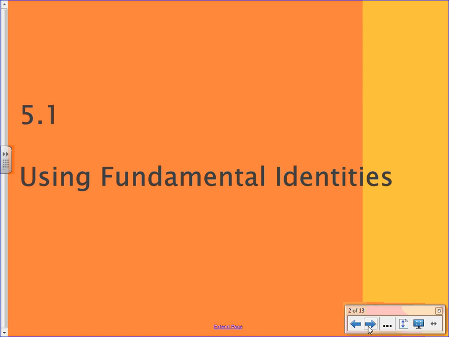I'm going to tell you up front, it's going to feel a little bit like solving a puzzle. I'm going to teach you these identities today, and how we can work with them. Starting tomorrow, we're going to verify identities. I'm telling you where to start and where to end, and you have to do the work in the middle. All right?